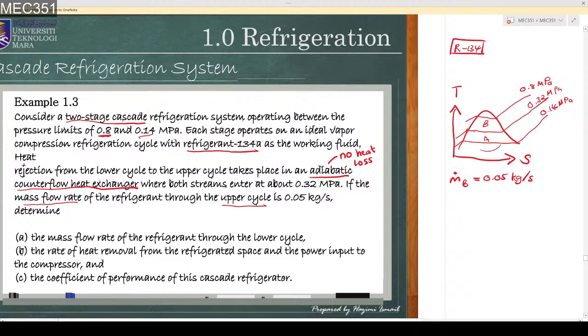So the question is, what is the mass flow rate of the refrigerant through the lower cycle? They want the value of m dot of the lower cycle. I named in my TS diagram that the lower cycle is A, so my symbol for mass flow rate is MA. This is the question.